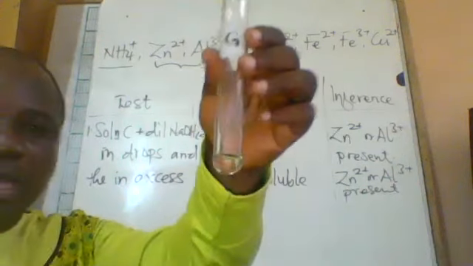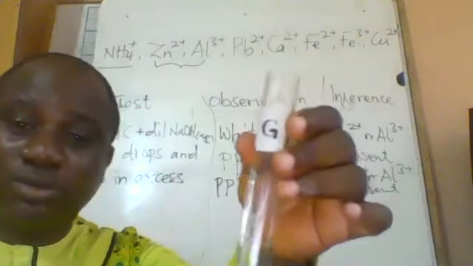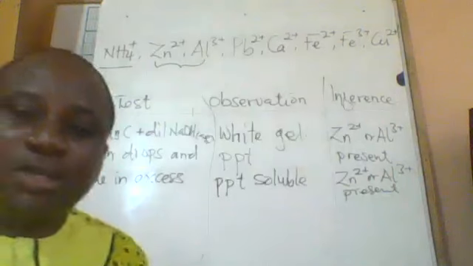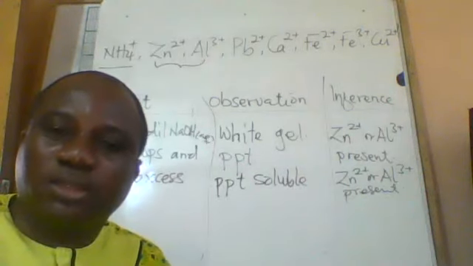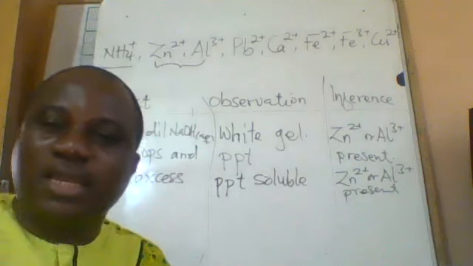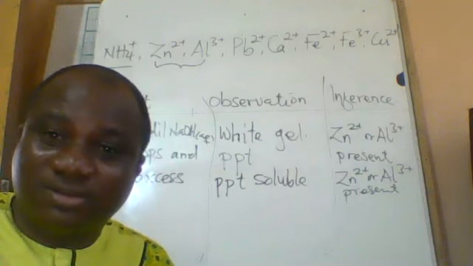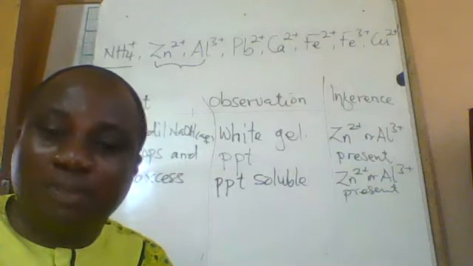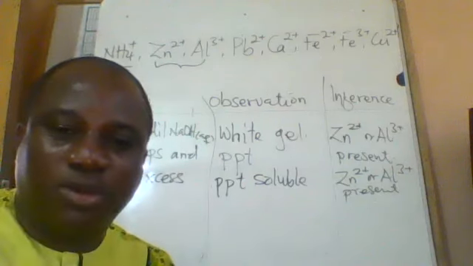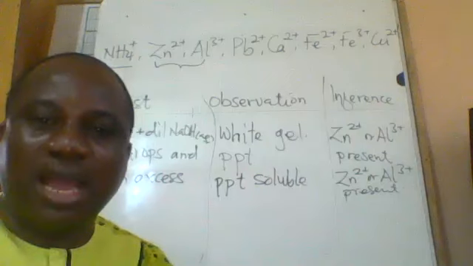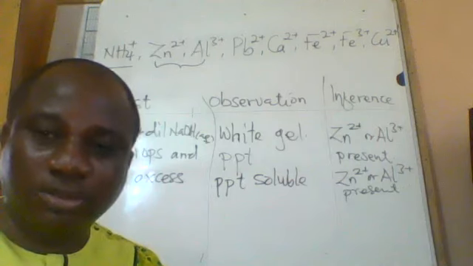All right. Now I have a test solution here. The test solution will be provided to you. You don't know what is there, but they will instruct you: add dilute sodium hydroxide in drops and then in excess. That will be provided with sample C: to about 2 cm cube of sample C, add dilute sodium hydroxide in drops and in excess.